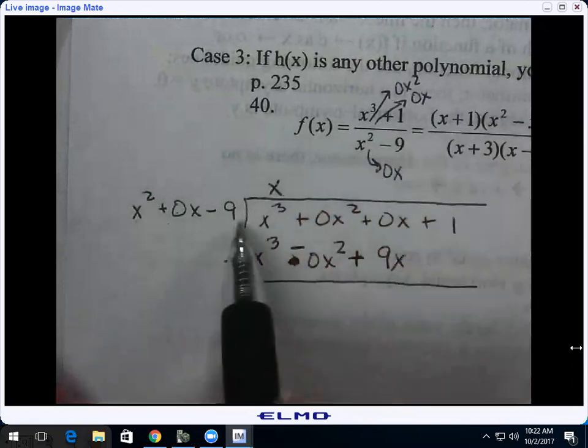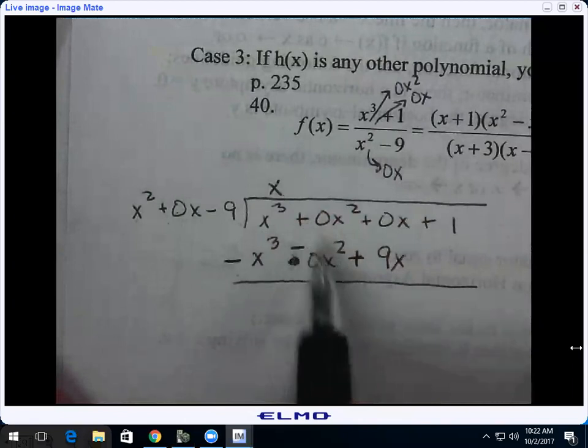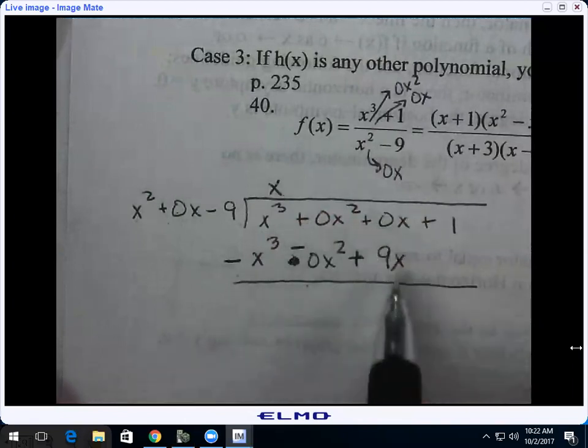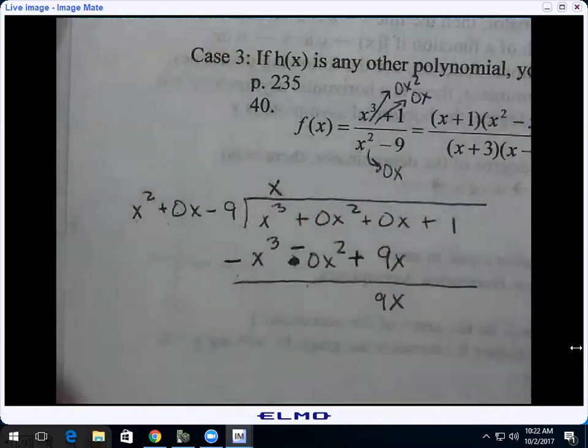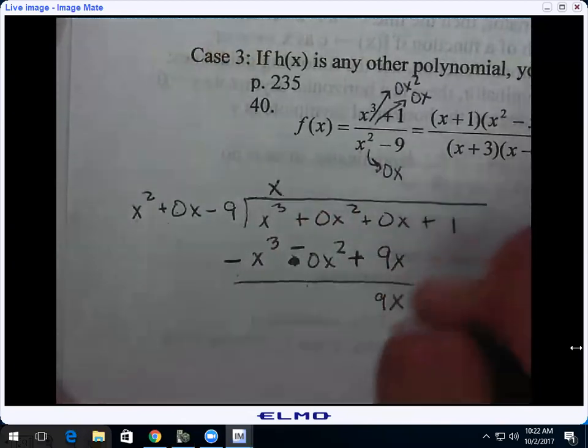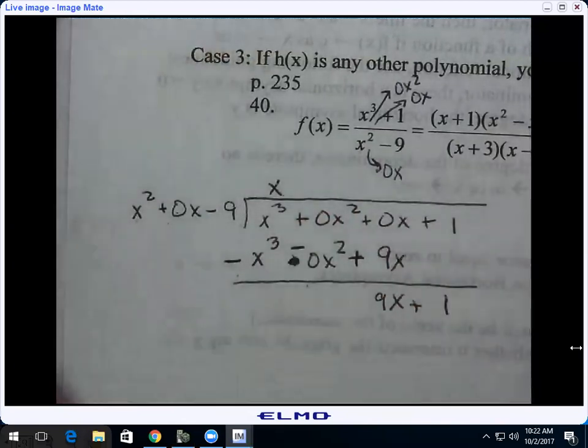So I have x cubed minus x cubed is 0. I have 0x squared minus 0x squared is 0. I have 0x plus 9x is 9x. And then what's the next step? Bring down the 1, and start the whole process again.